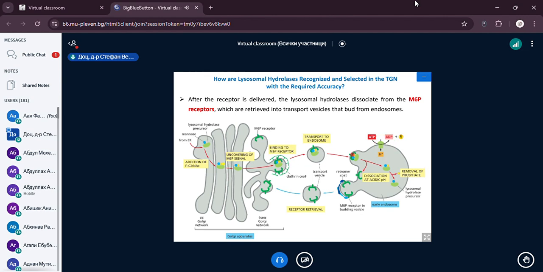You can see that receptors are utilized again, reused from the endosomes, but in the form of vesicles. These are clathrin-coated vesicles which travel backwards to the Golgi complex, and these receptors can be utilized in many cycles of transportation of lysosomal enzymes to the secondary lysosomes for degradation.